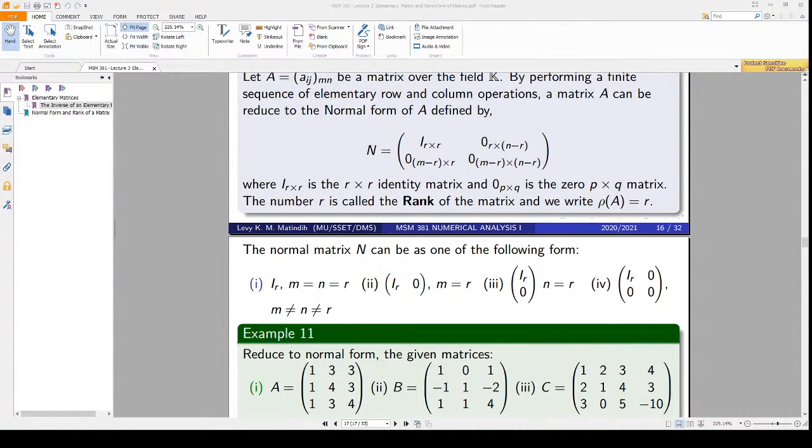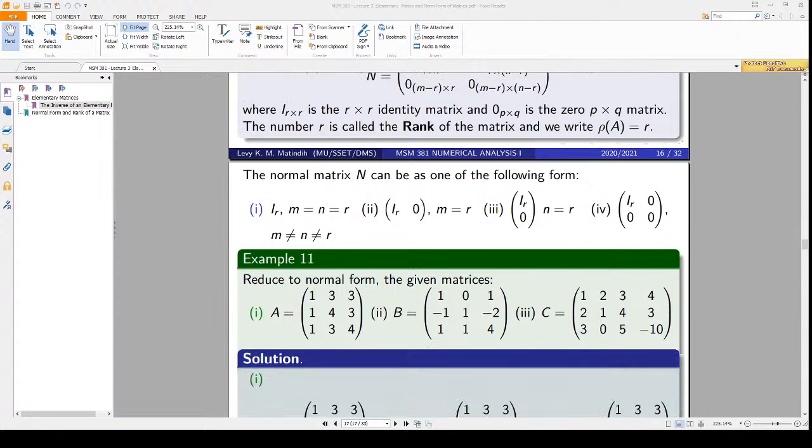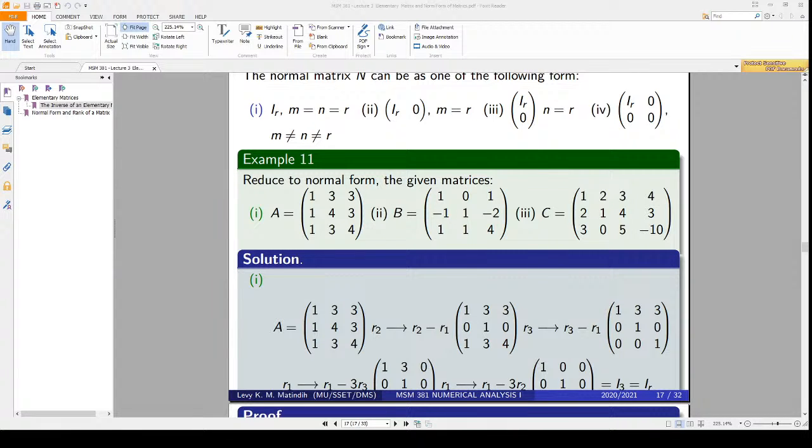What we are trying to say is, the normal form can be an identity matrix of order R. It can be a matrix of the form I_R with a column of zeros, a minor identity matrix with a column of zeros. Or it can be I_R with a row of zeros, or a matrix with a minor identity matrix with a column of zeros and a row of zeros at the bottom.